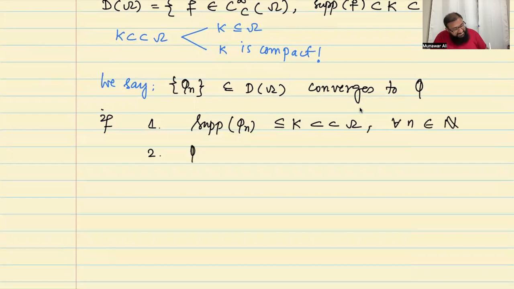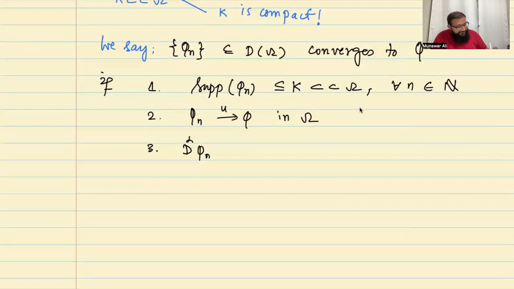And the second condition is phi_n should converge to phi uniformly in omega. And the third condition is all the derivatives of phi_n, so these are all the alpha derivatives, where alpha is some sort of multi-index, you know very well, should also converge to all the derivatives of phi uniformly in omega.